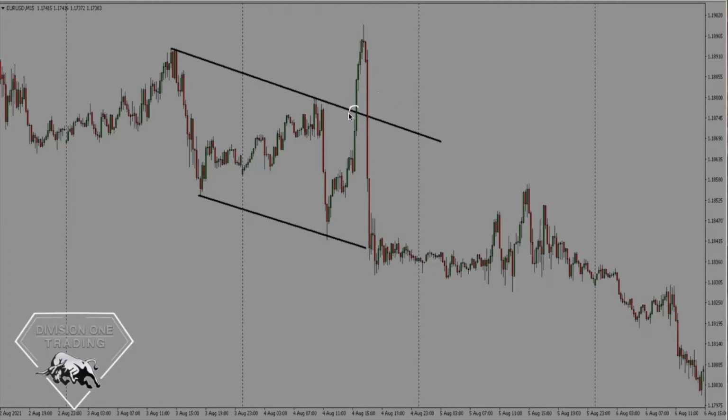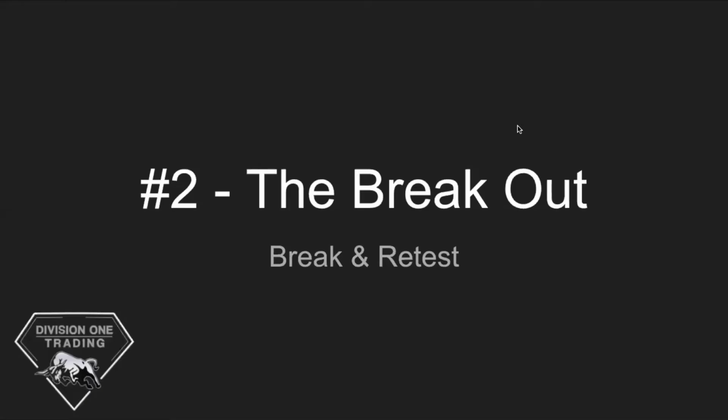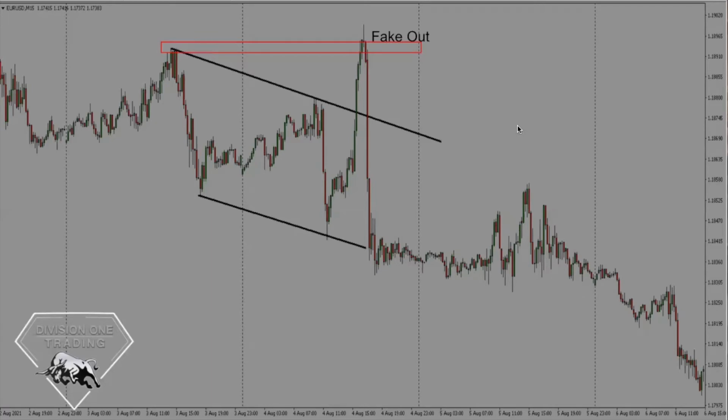There's no break and retest here. See that? So when it trades up, we're looking for a zone. Then the next level we just look for here. So this would be an example of the fake out.